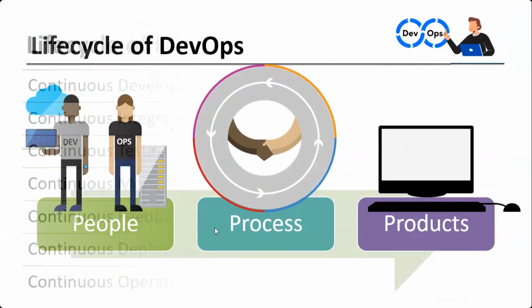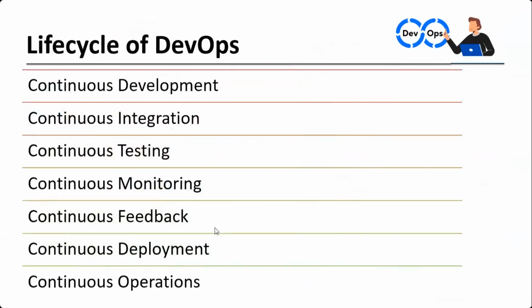To expand more on this life cycle of DevOps, there are seven phases. We have continuous development. In this DevOps lifecycle, it emphasizes continuous improvement and automation across all the phases of software development and operation.